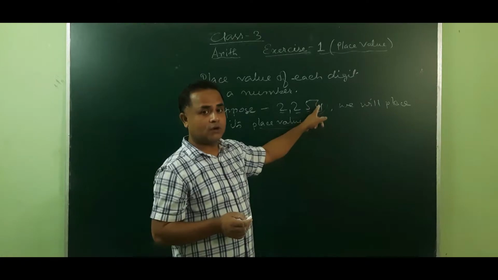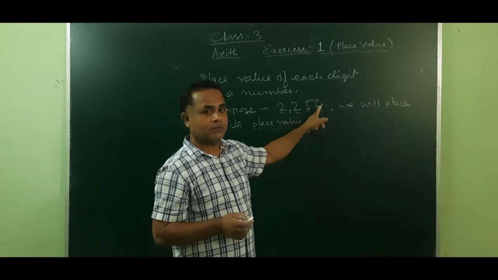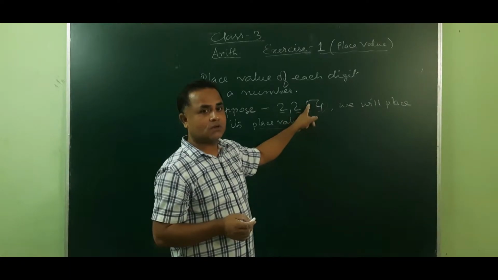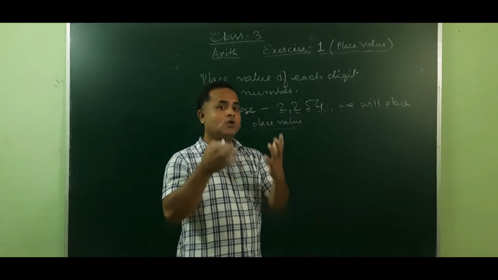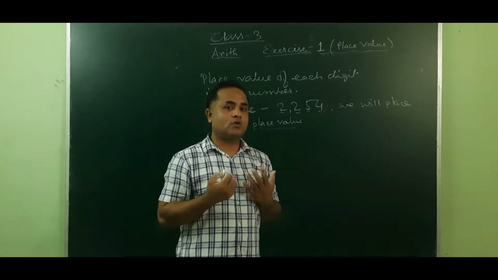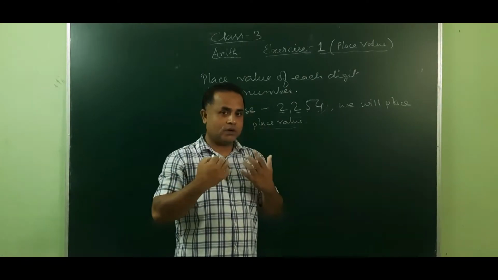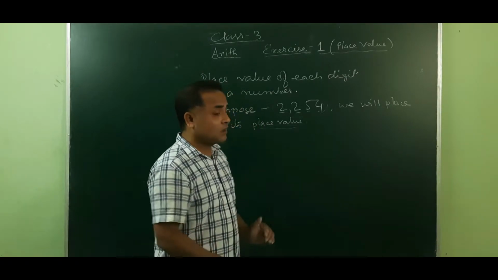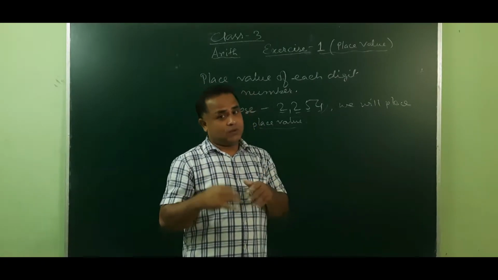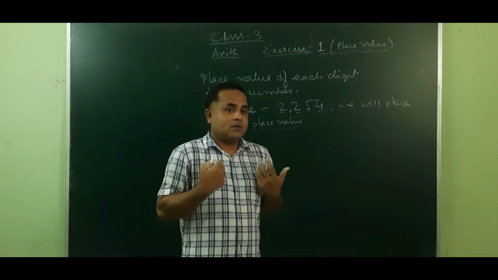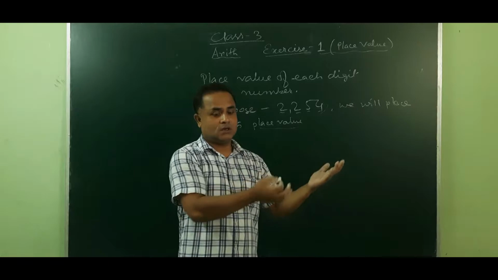It looks like 4, that is why it is called face value. It looks like 5, that is why it is called face value. Face means when you see me, you can say that I am a boy or a girl. This is my face value when you look at me.